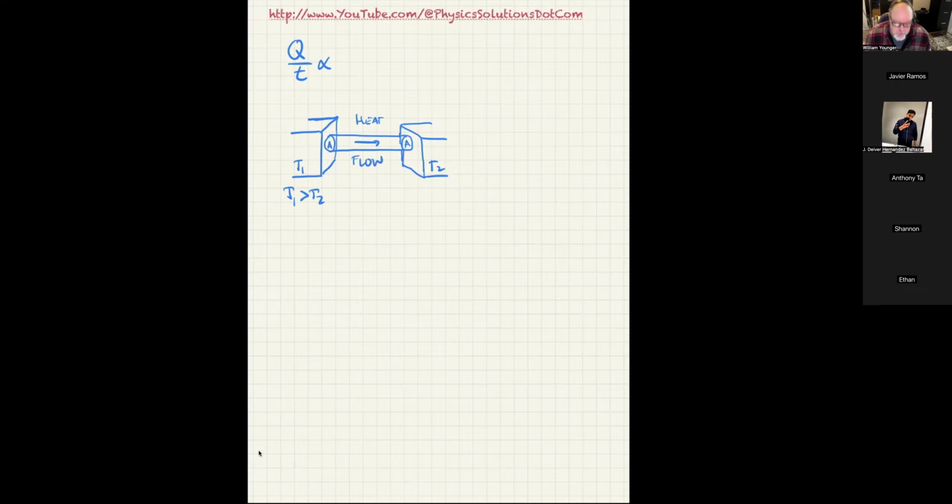And that heat flow should be directly proportional to A. Like if you've been out playing in the snow and your hands are real cold and you want to make your significant other feel the cold, you don't just touch them with a fingertip. But if you lay your whole hand on them, then you feel a lot worse, because it's directly proportional to the surface area of the thing that's pushing out the heat.